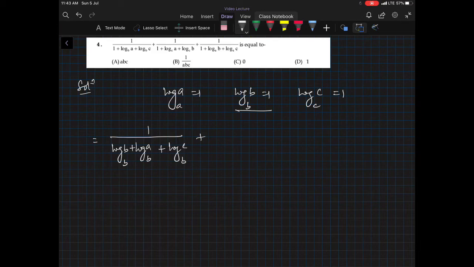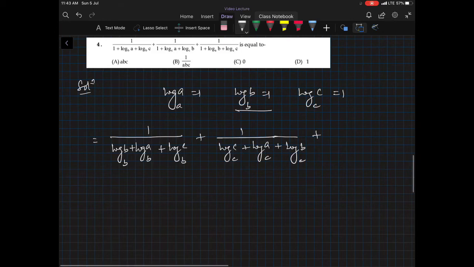Similarly here base c is there in all the terms, so I will choose the base c log term, that is 1 by log c base c plus log a base c plus log b base c, plus 1 upon log a base a plus log b base a plus log c base a.